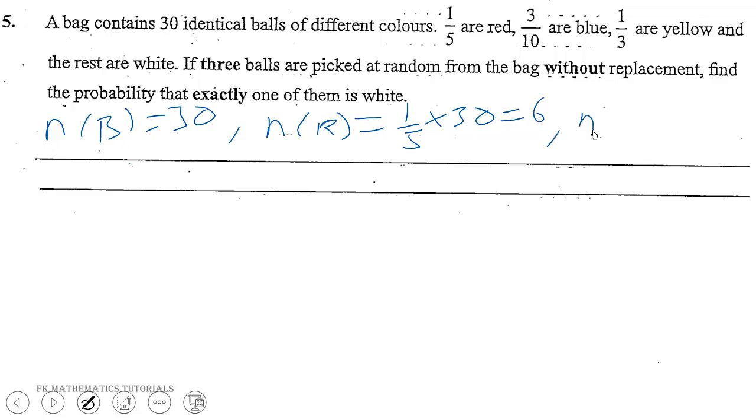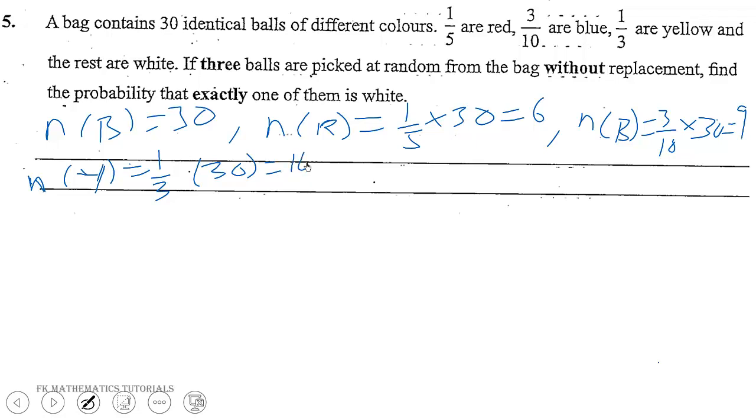The number of blue balls is 3 over 10 times 30, and this is also equal to 9. Then we also have the number of yellow balls, which is 1 over 3 of 30, that is equal to 10.